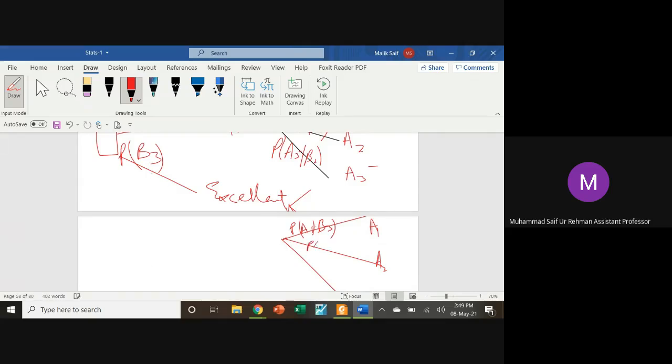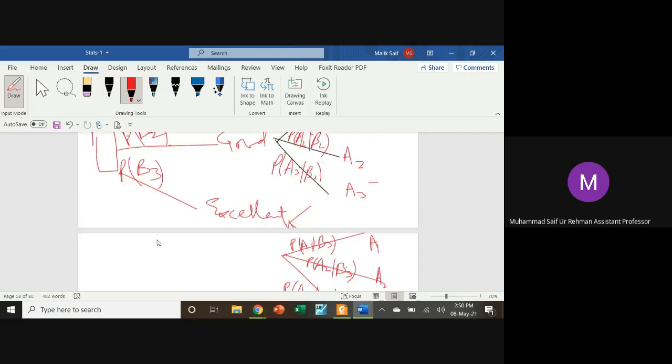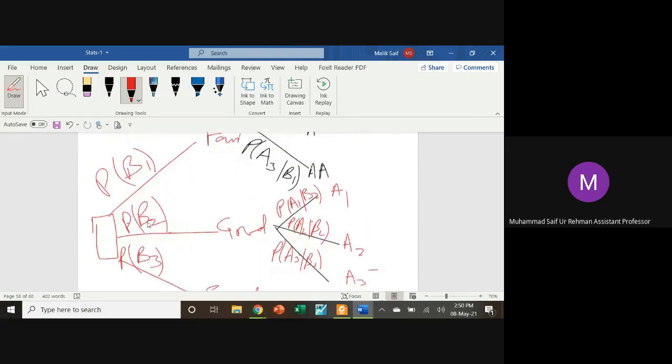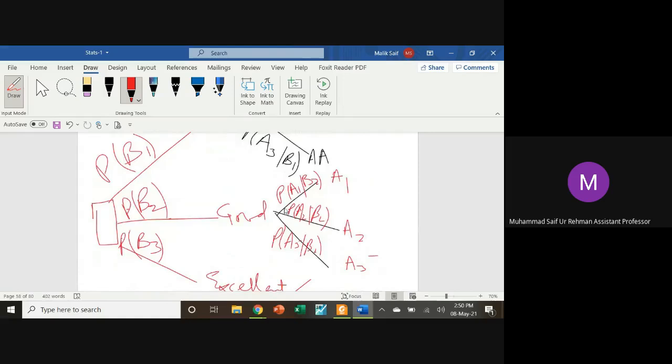Similarly, the probability of A2 given B3. Finally, A3 given B3, like this. You will draw the tree diagram. So when you draw it on your page, there will be sufficient space, and you will write it down fairly. Fine.